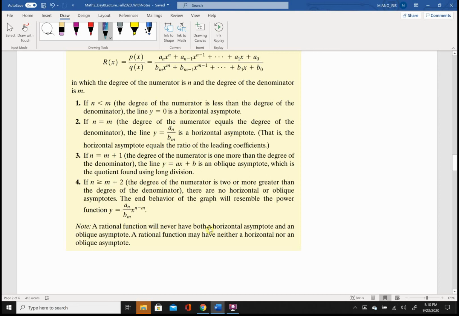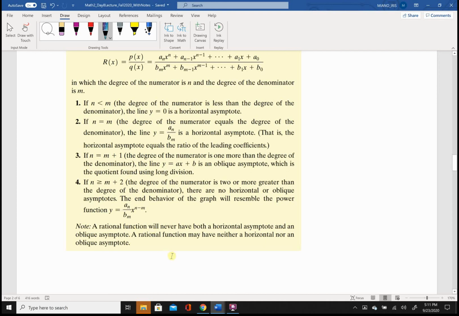Now, when this happens, there is neither a horizontal nor an oblique asymptote, but you can determine something about the end behavior of the graph from this information by taking basically the power function of your rational function, which is to say, take the ratio of the leading coefficients and subtract the degrees of the leading terms, or the degrees of the polynomials, and let that be the degree of your power function.